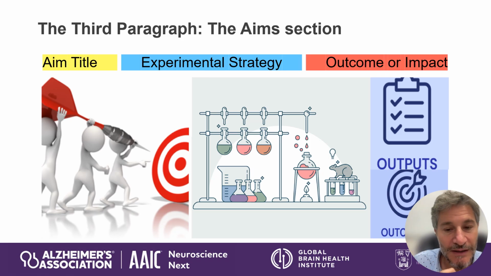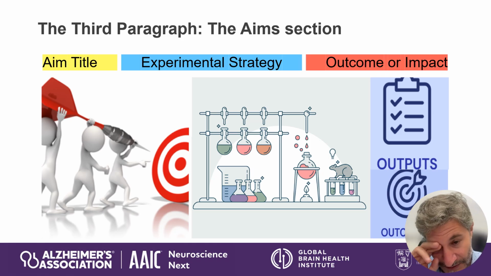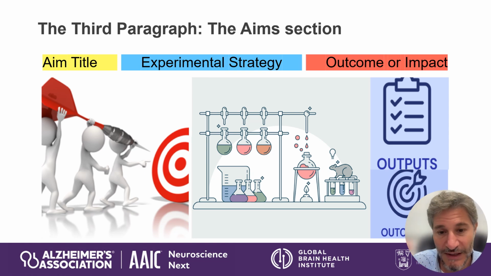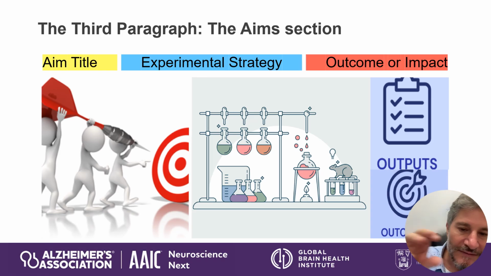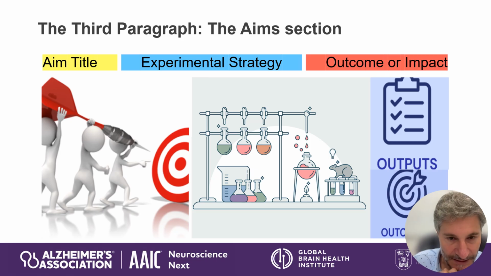And in the third aim, you can say something like, we will establish if there are differences between gender effects, if females or males respond better or worse to the treatment, if socioeconomic status has an impact, or any other factor that you want to study. So you disentangle the different aspects of your long-term goal in specific aims.